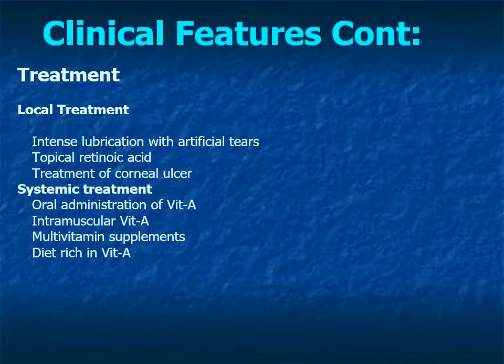And systemically we use oral administration of vitamin A, that is oil based, and intramuscular vitamin A injections, which are usually water based, and multivitamin supplements. And we recommend the patient have a diet rich in vitamin A like milk, eggs, nuts, almonds, and vegetables with green leaves, carrot, radish, etc.